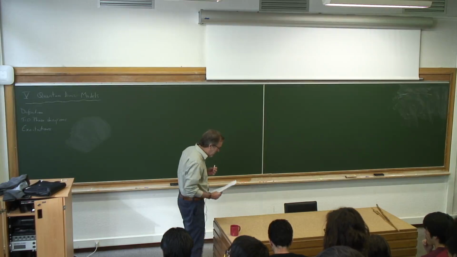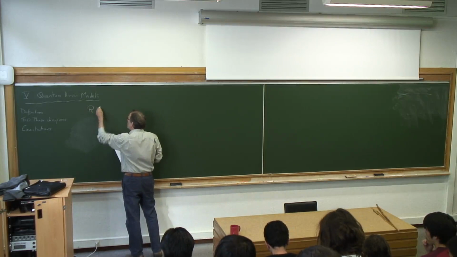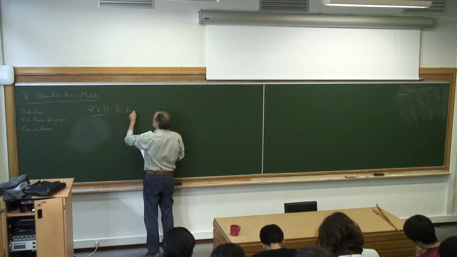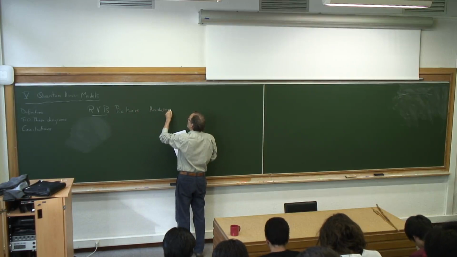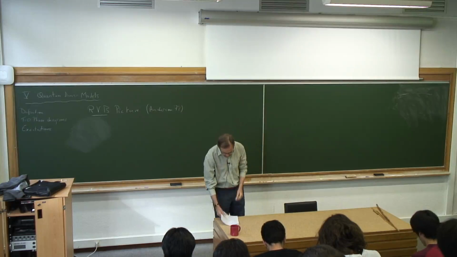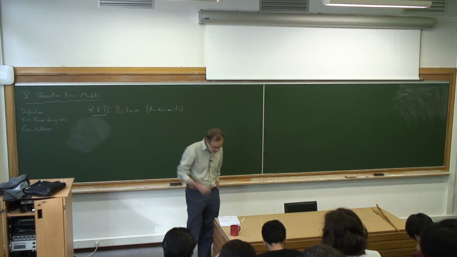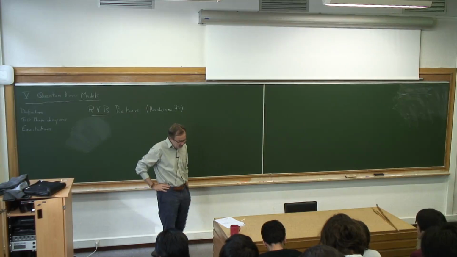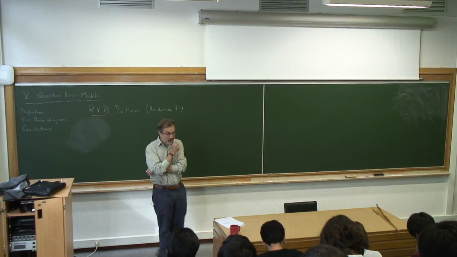So this goes back a long way to something called the RVB picture, resonant valence bond picture, due to Anderson in 1973. And the problem he was thinking about was what's a good way of describing the ground state wave function for a quantum spin liquid.